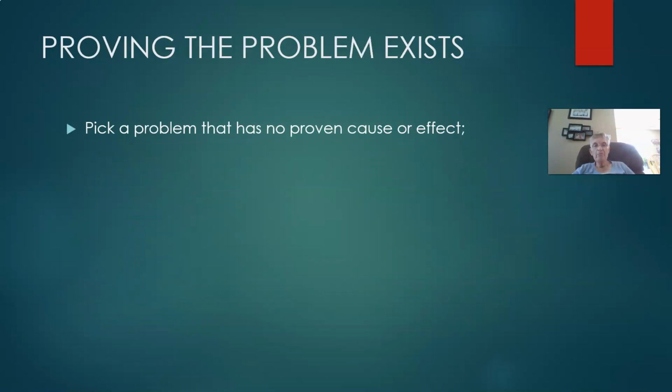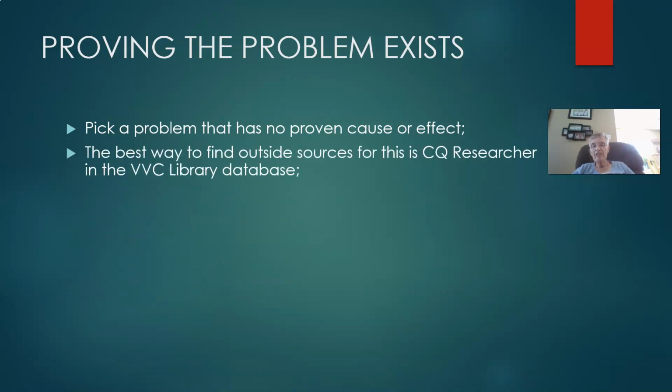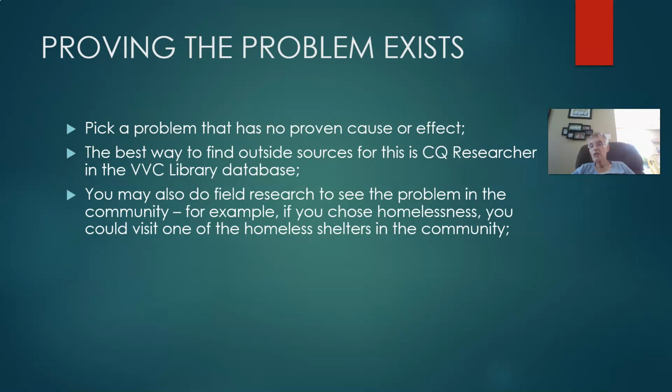Pick a problem, proving the problem exists. Pick a problem that has no proven cause or effect. It has multiple causes. The best way to find outside sources for this is CQ Researcher. It really is good. It's got a lot of really good ones. You can find other ones too. You can find things in Opposing Viewpoints too, but CQ Researcher is good on documenting social problems.